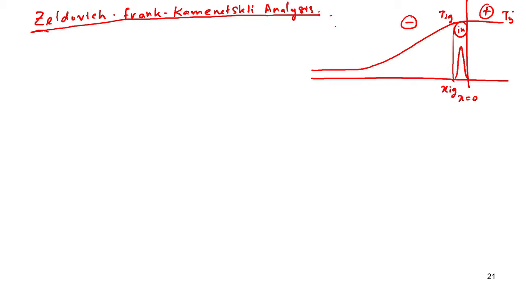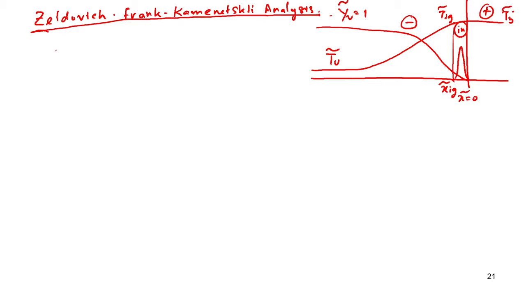Similarly, there will be a species profile. This is YU, this is TU. If you normalize, YU tilde is equal to 1 and this is TU tilde. Everything can be normalized like this, Xig also can be normalized.